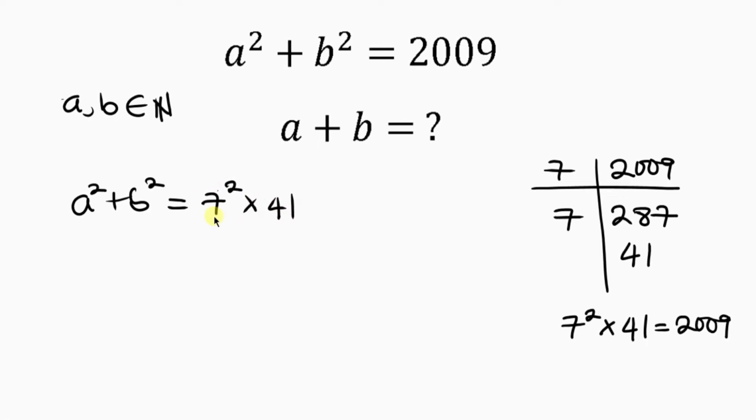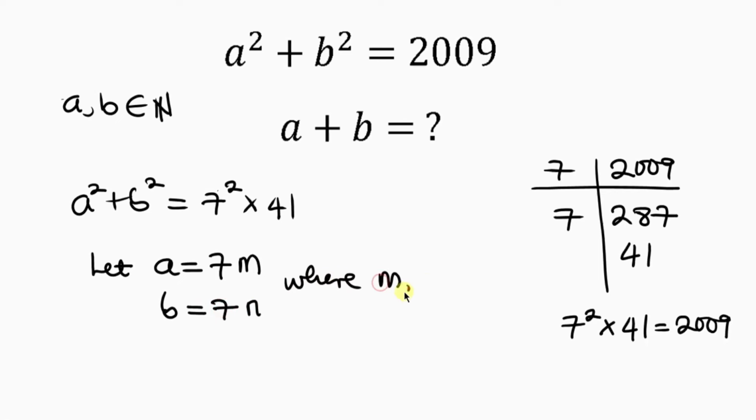Now, since I have 7 here, we're going to introduce substitution by saying let a be equal to 7 times some integer m, and let b be equal to 7 times some integer n, where m and n are positive integers.